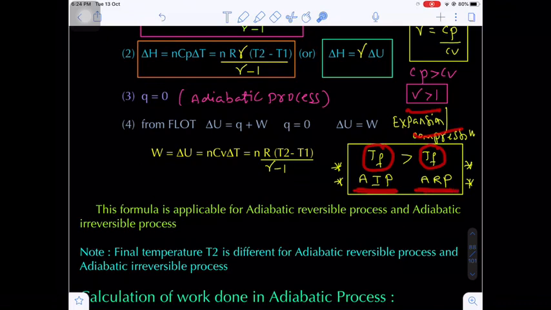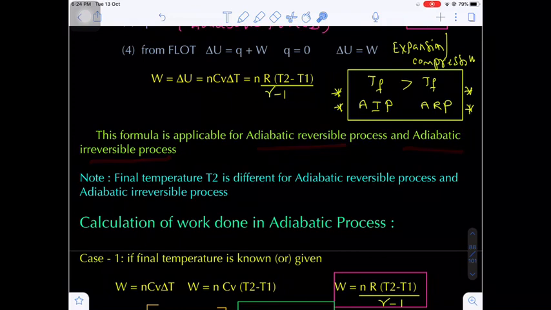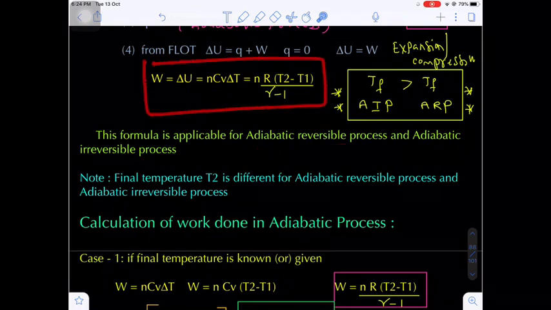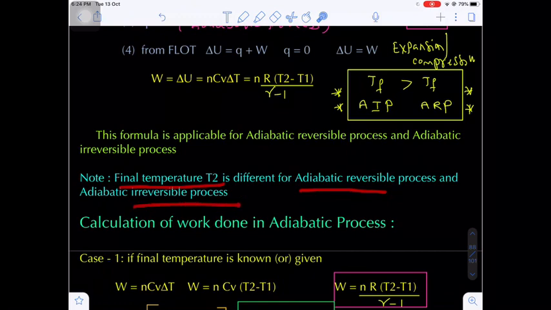We will explain with the numerical also. Now this formula is valid for both reversible as well as irreversible adiabatic process. But the final temperature T2 will be different in the reversible and irreversible processes.